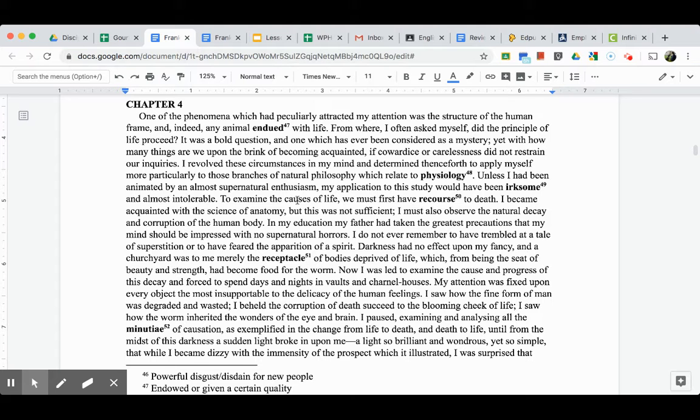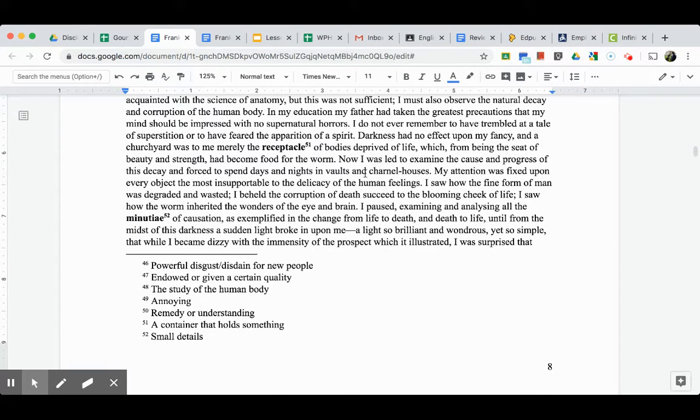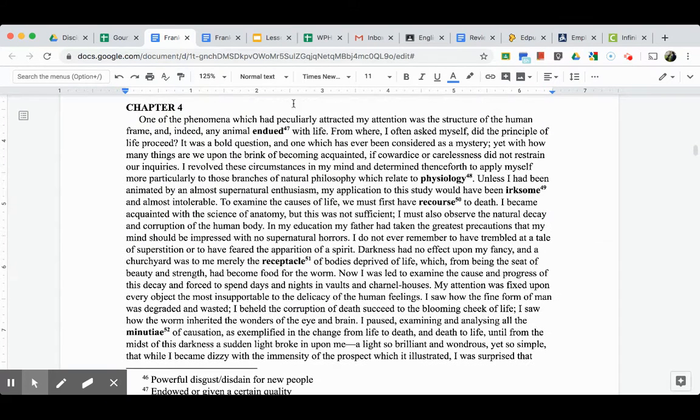Yet with how many things are we upon the brink of becoming acquainted, if cowardice or carelessness did not restrain our inquiries? I resolved these circumstances in my mind, and determined thenceforth to apply myself more particularly to those branches of natural philosophy which relate to physiology, or the study of the human body." So he becomes extremely passionate about studying life in the human body.